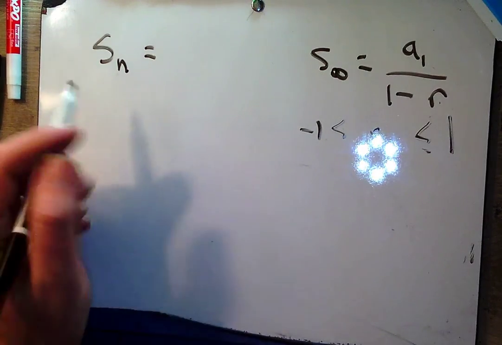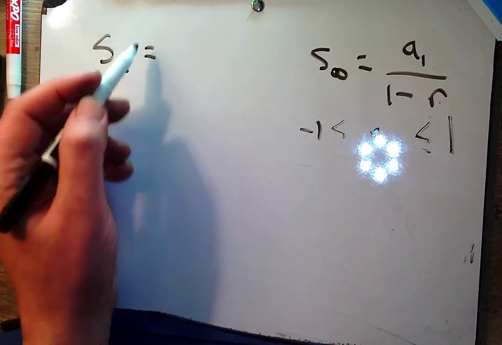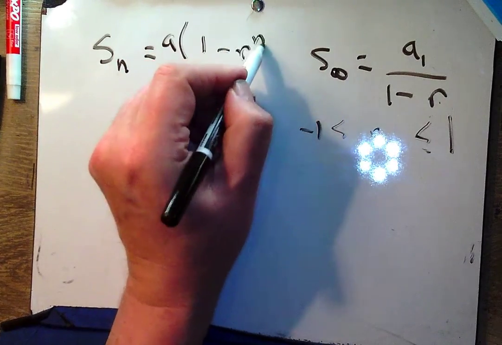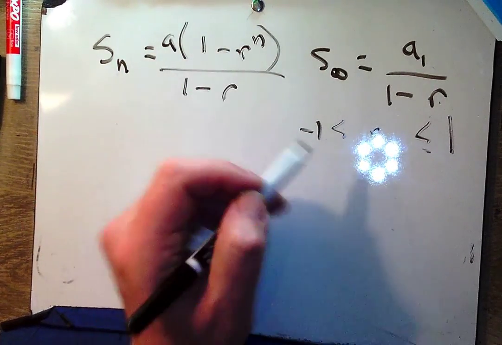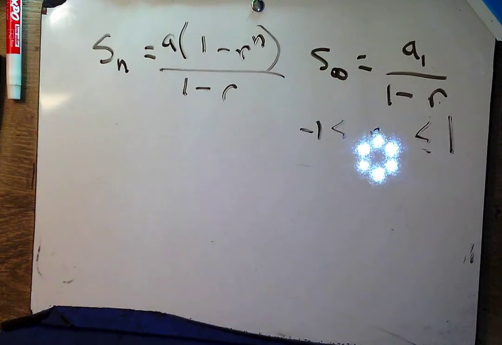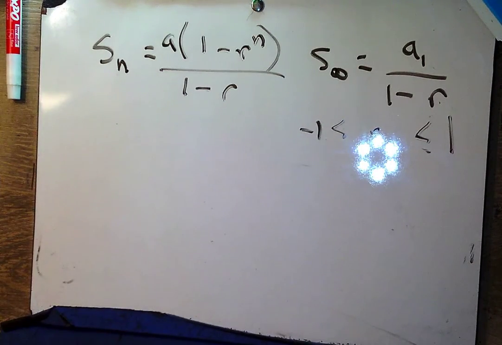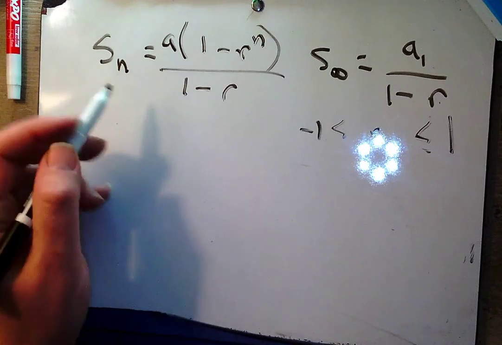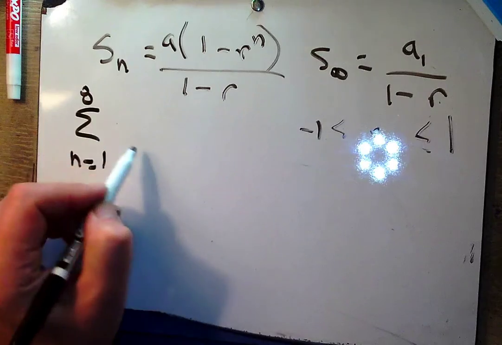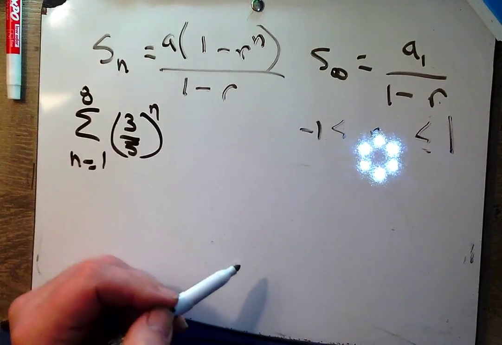Okay, our first one. Oh, I need the regular geometric sum formula. It's a sub 1 times 1 minus r to the n over 1 minus r. I believe so. Okay, so that pen has had its day. Let's try the next one. Okay, and I'm looking at sigma, n equals 1 to 8, of 3/5 to the n.